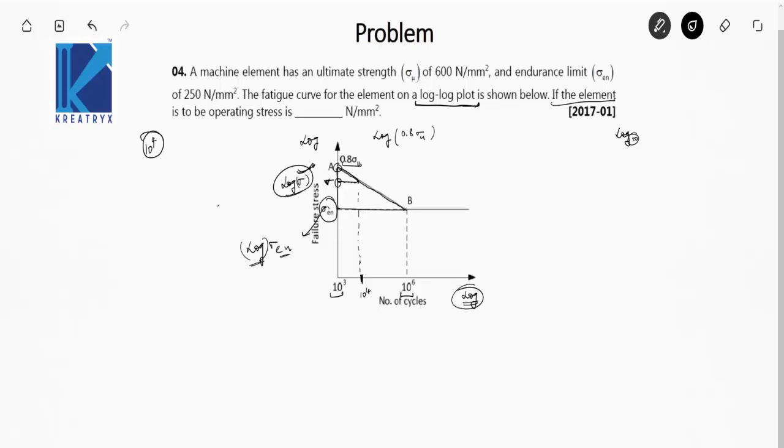Let this point be C, this point be D, this be E, and let this point be F. So AC upon AE is equal to CD upon EB by similar triangles.